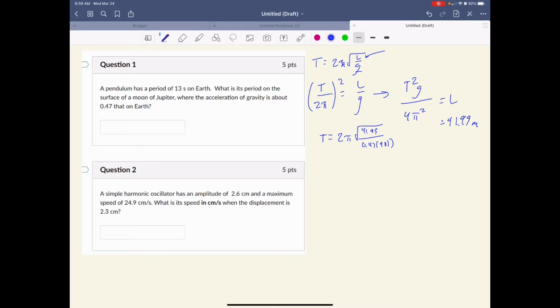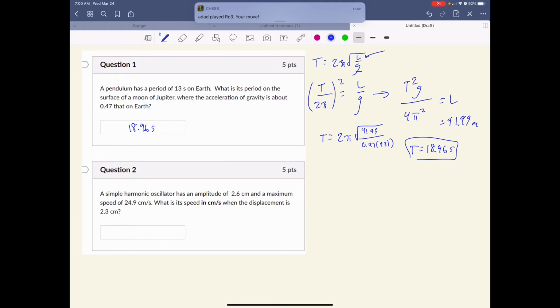So 41.99 divided by 0.47 times 9.81, and take the square root of that, multiply it by 2, multiply that by pi, and I get 18.96 seconds.